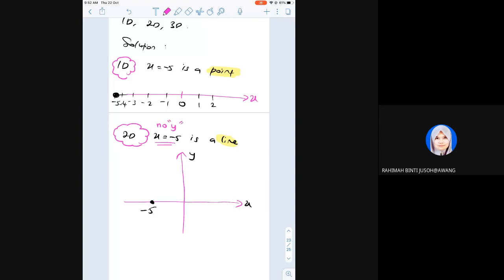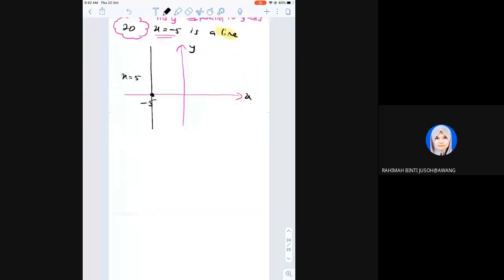So when there is no Y, means that the line must be parallel to Y axis. Ni kena faham konsep ni. Bila dia tak ada variable tu bermaksud dia parallel terhadap Y axis. So the line for this equation should be parallel along Y axis like this. So this is the line of X equals to -5 in 2 dimension.